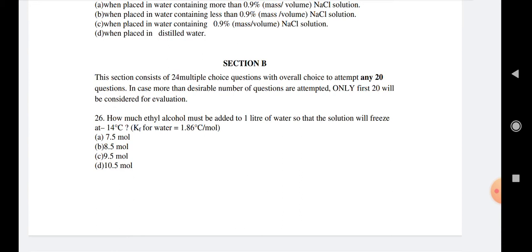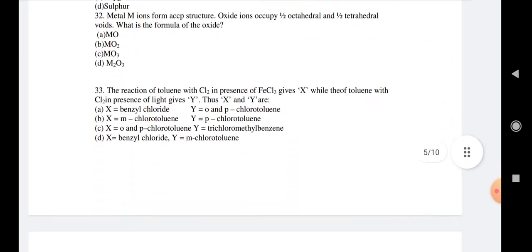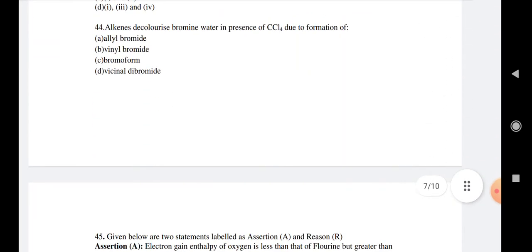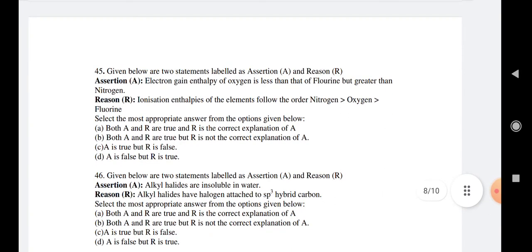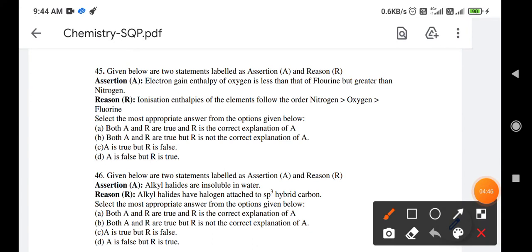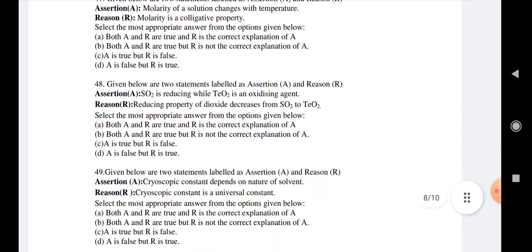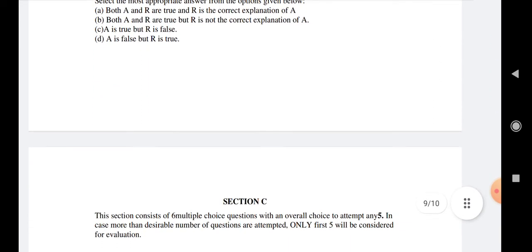In this section B the questions are coming as MCQ type questions, and in addition to the MCQ type there will be some assertion reasoning questions as well.